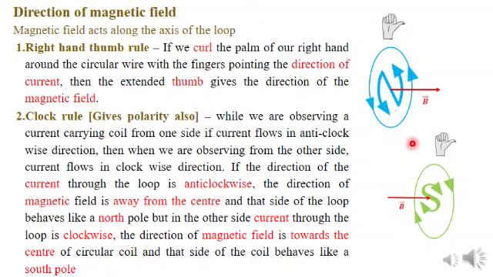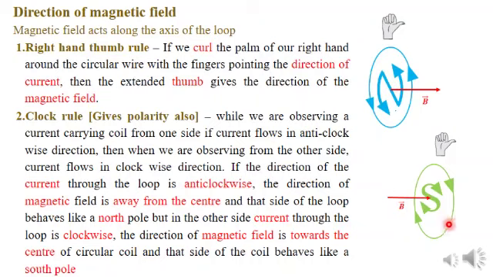While we are observing a current carrying coil from one side, if current flows in anti-clockwise direction, then when we are observing from the other side, current flows in clockwise direction.